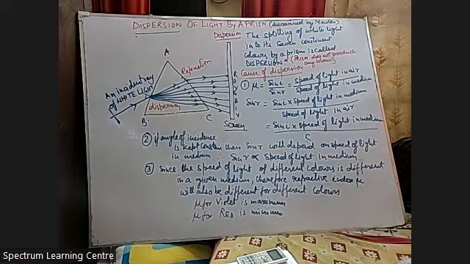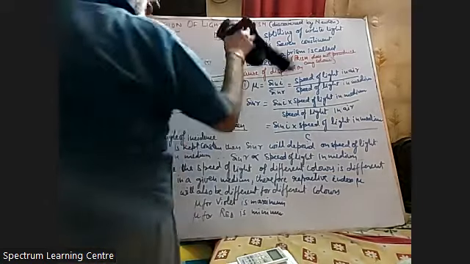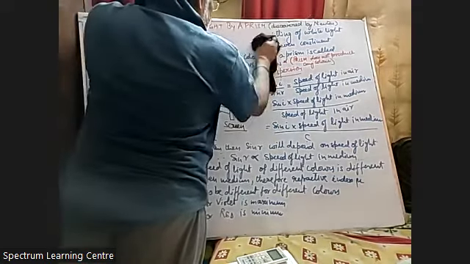Then you have light in class 12, which I have told you already, that in class 12 we will be studying two types of light, two natures of light.